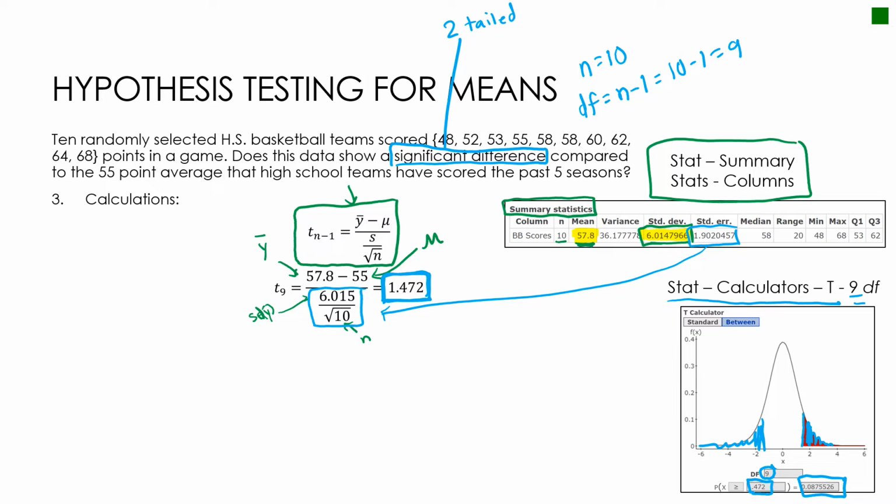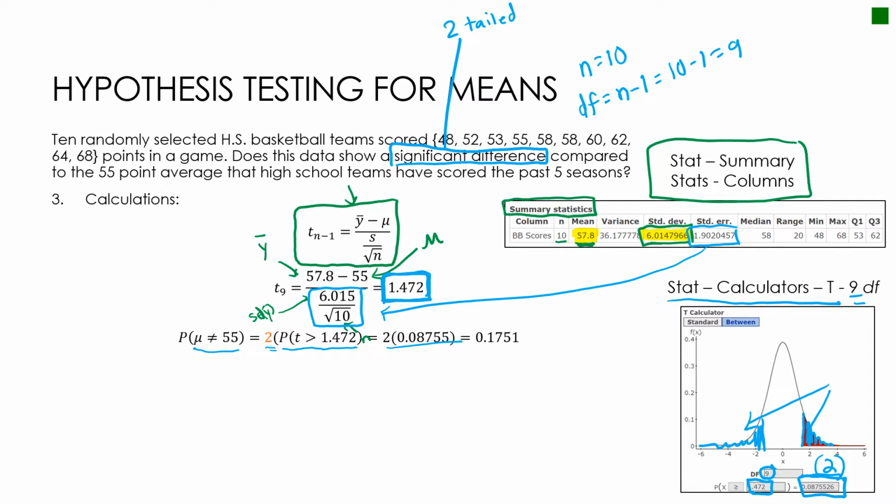So really what I'm going to do is take this number times 2 because that would get both tails. So again, the probability that the mean is not equal to 55 is equal to 2 times the probability that t is greater than 1.472. So I took 2 times that answer to get 0.1751.